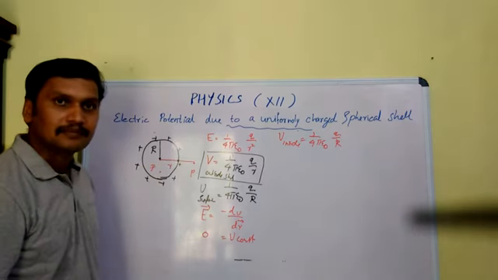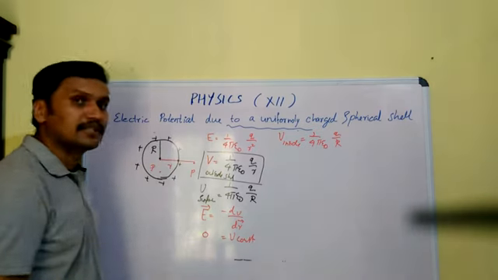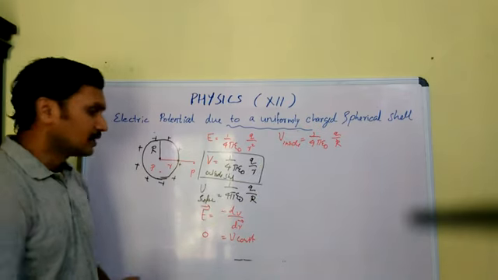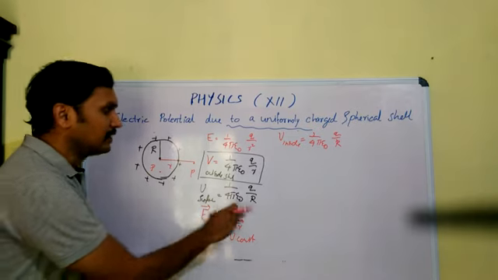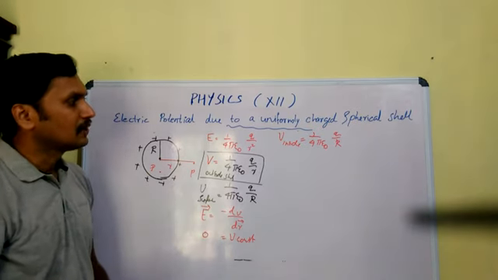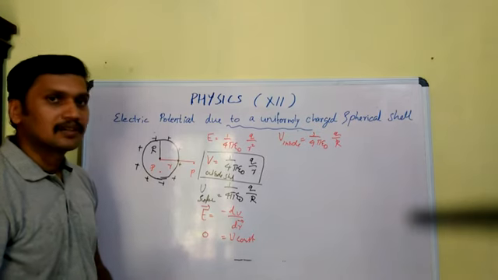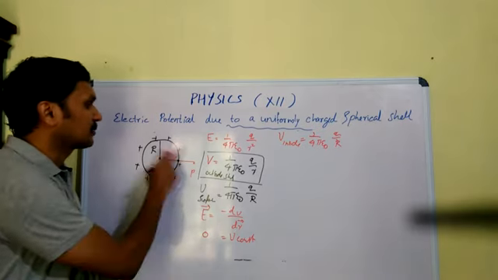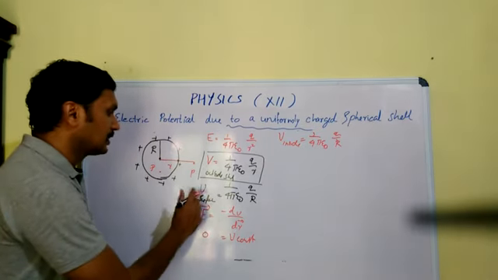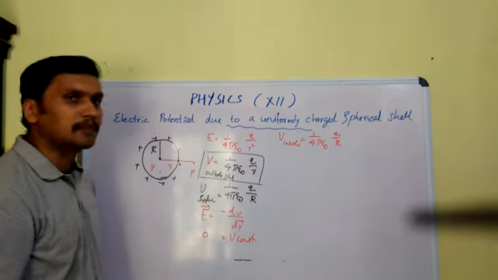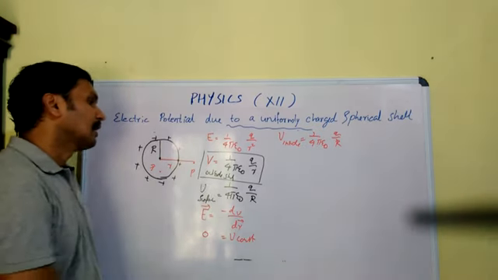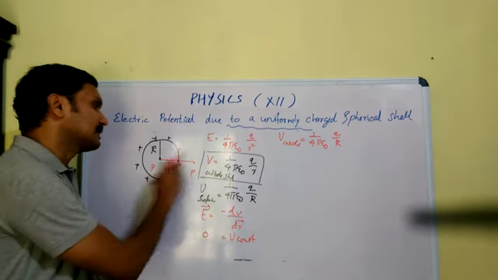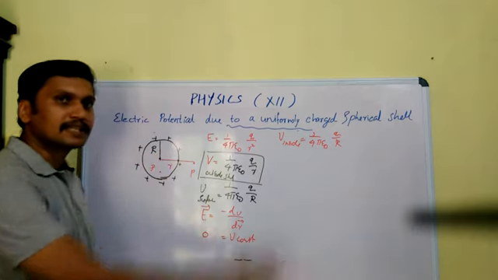Whatever the point inside the charged shell, the electric potential is constant because the electric field is equal to 0. V inside is equal to 1 by 4 pi epsilon 0 Q by R. That's the potential inside the shell, and the potential on the surface of the shell is the same, V equal to 1 by 4 pi epsilon 0 Q by capital R, and outside the shell it is 1 by 4 pi epsilon 0 Q by small r, where small r is the distance to the point from the center.